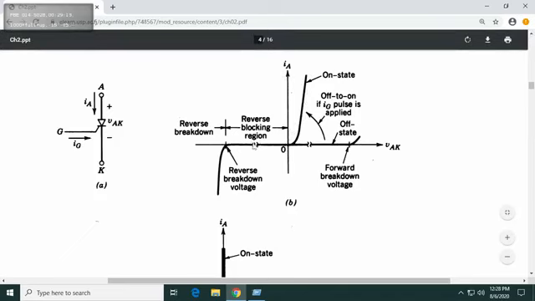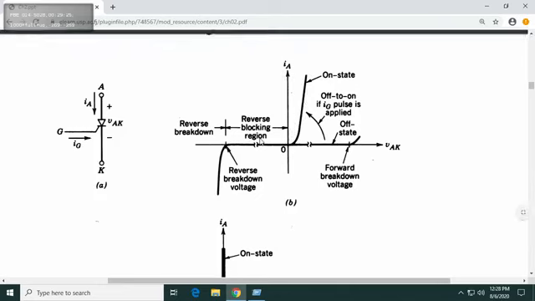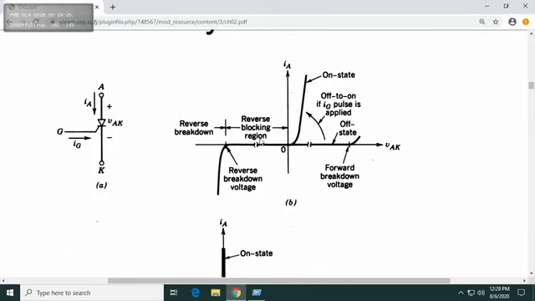The reverse is very similar to that of a diode. You have a reverse blocking region till a certain voltage, for example a certain voltage which is given in your rating, 200 volts, 300 volts, negative 300 volts. When you reach that point, it has reverse breakdown voltage, 200 volts, it collapses.